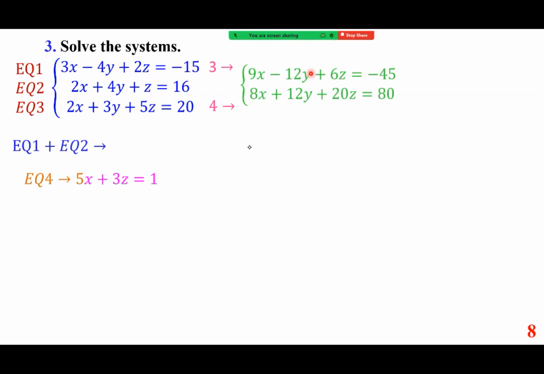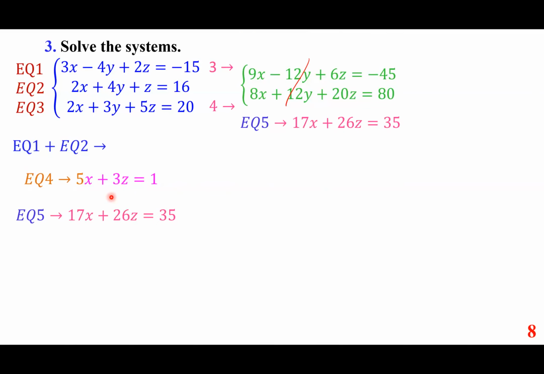And now these two cancel each other. They add up to 17x plus 26z equals 35, and we give it the name equation 5. So equation 4 and equation 5, we put them next to each other, and they have x and z only. You can get rid of any of them, it doesn't make any difference. If we want to get rid of the x, we can multiply this one by 17 and this one by negative 5.